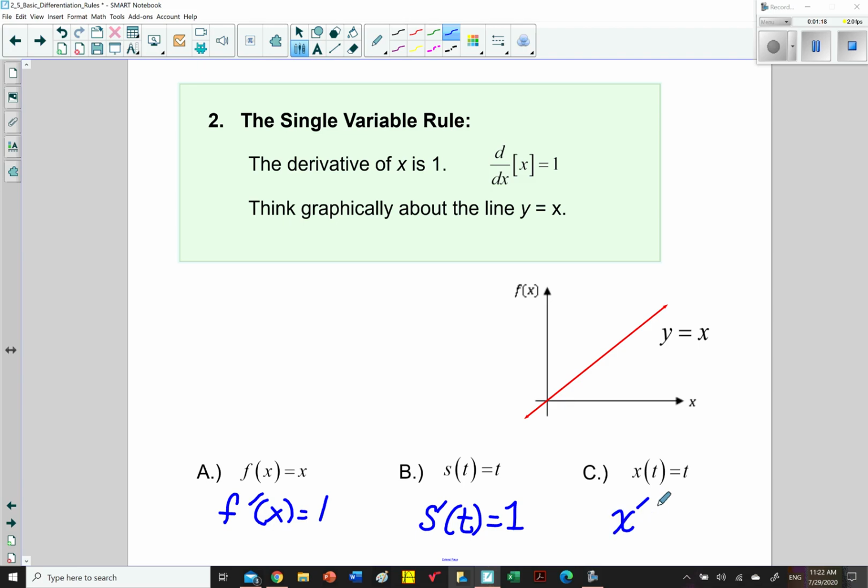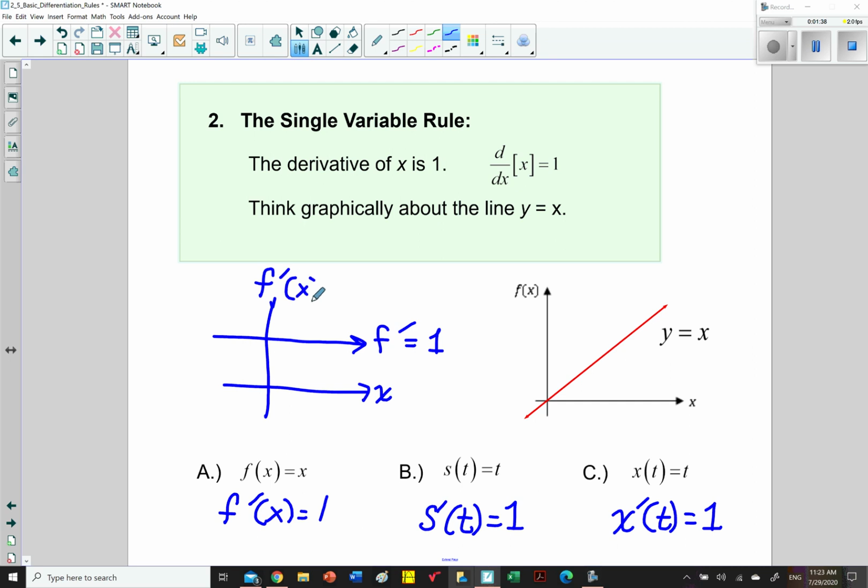It would be 1. So the equation is y equals 1x. The derivative graph, we could just sketch right here, f prime of x. The derivative graph is 1. F prime is 1 on my derivative graph. This is my position graph. This is my first derivative graph.